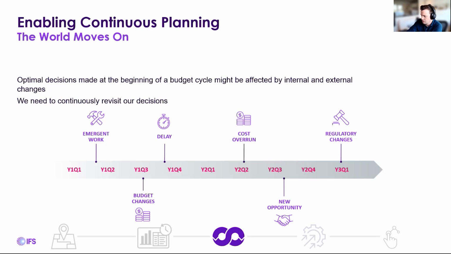Commonly we see programs delayed or shifted in time for operational reasons. Once field crews get on the ground and are faced with the reality of exactly what's required to be done, and subsequently cost overruns commonly, as well as strategic changes from an organization, potentially budget changes and budget allocations internally, or external factors such as regulatory changes.